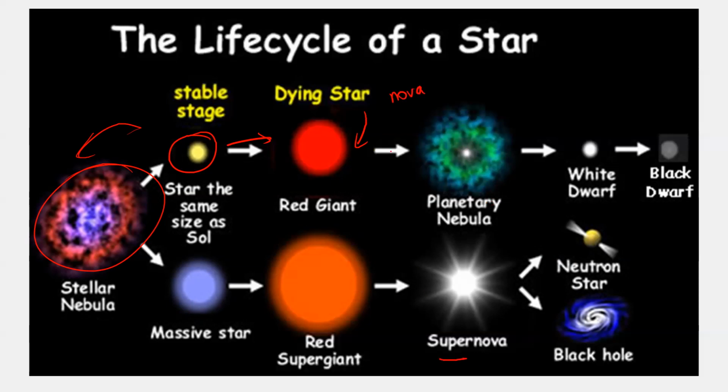A nova is basically where a star dies, crumples in on itself, and then blows up outwards. It's an explosion, but not a super massive one in the whole grand scheme of things. This shoots a bunch of gas and a bunch of rocks and stuff, whatever happened to have been trapped inside that star, outwards to form something called a planetary nebula.